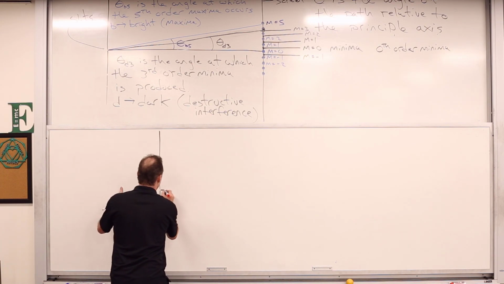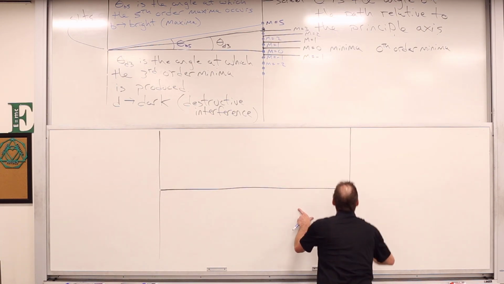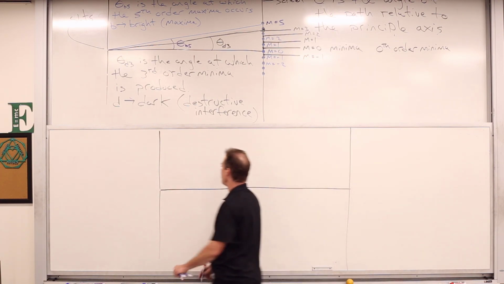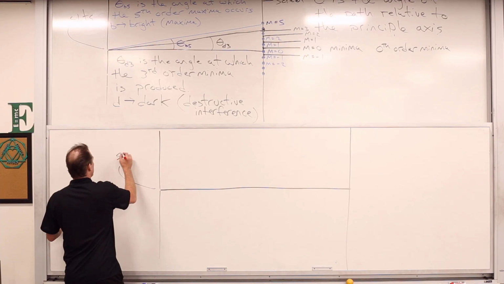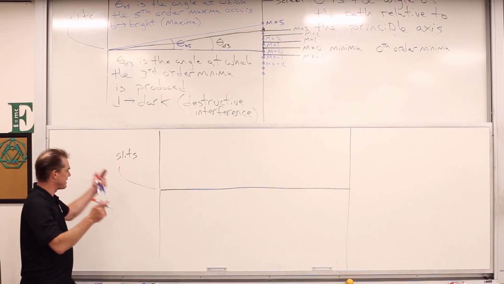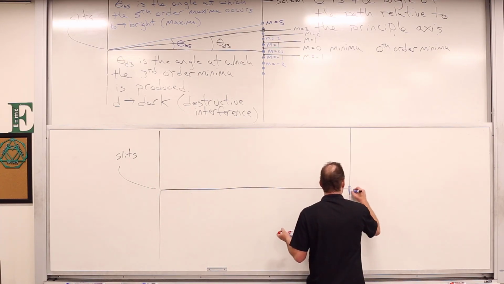Take our little slits there, take some principal axis, take some screen to capture the pattern on, to be able to see it, view it, if you will. Got our little slits there, and I'm going to broaden this out a little bit, make it bigger, exaggerated in a sense.